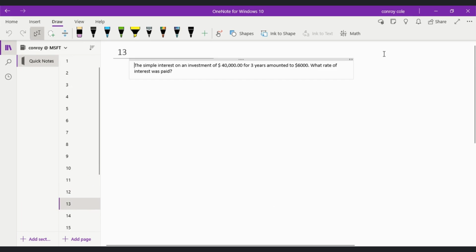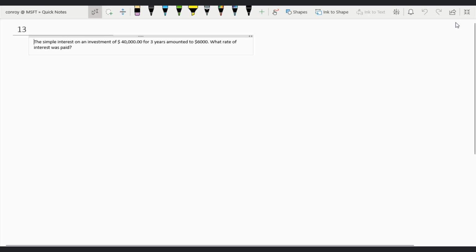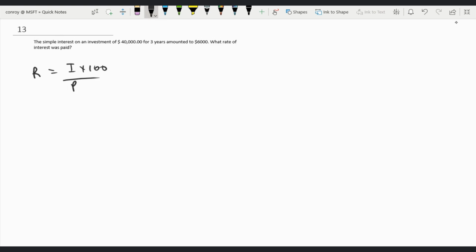And it asks us now that the simple interest on an investment of 40,000 for 3 years amounted to 6,000. So what rate of interest was paid? All right, so this question, trying to find our rate. So R is equal to I times 100 over our principal times our time.